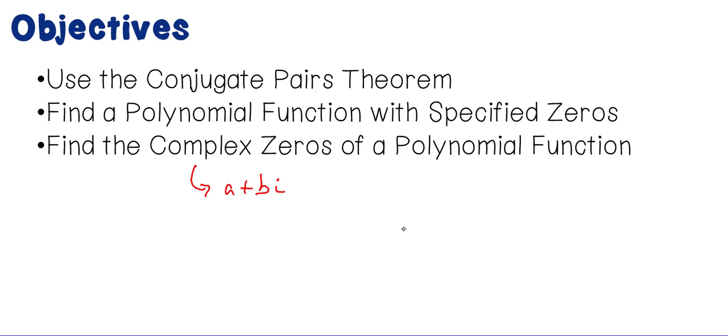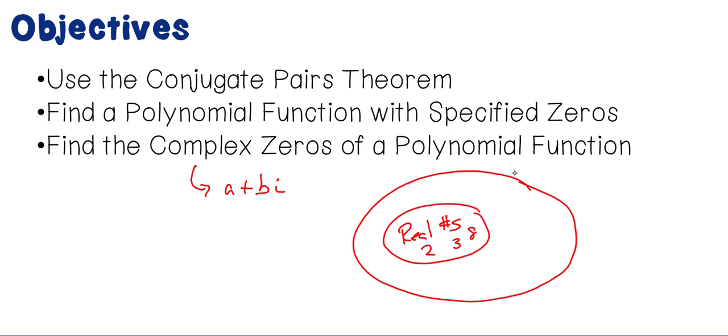Real numbers, let's say like 2, 3, 8, fall in the range of complex numbers, such as 3 plus 2i, 2i, 5i, i times the square root of 3. Those are all complex numbers. So remember, real numbers are complex numbers.